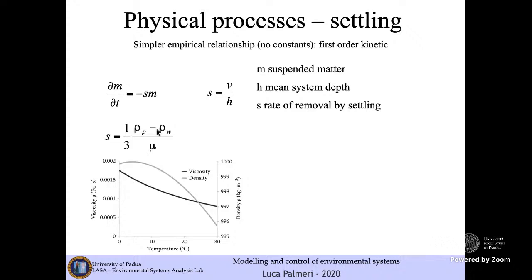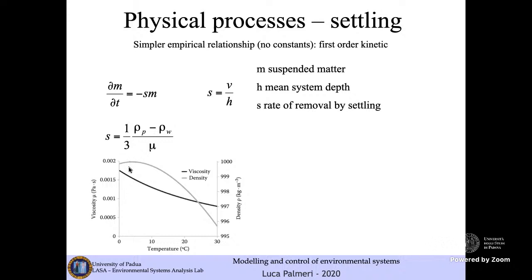So if we look at empirical observations in order to evaluate the removal rate as a function of temperature, in terms of viscosity and density, you may recall from the lecture in which we described the specificities of water that the density of water has a maximum value around 4 degrees Celsius, the point of maximum density.